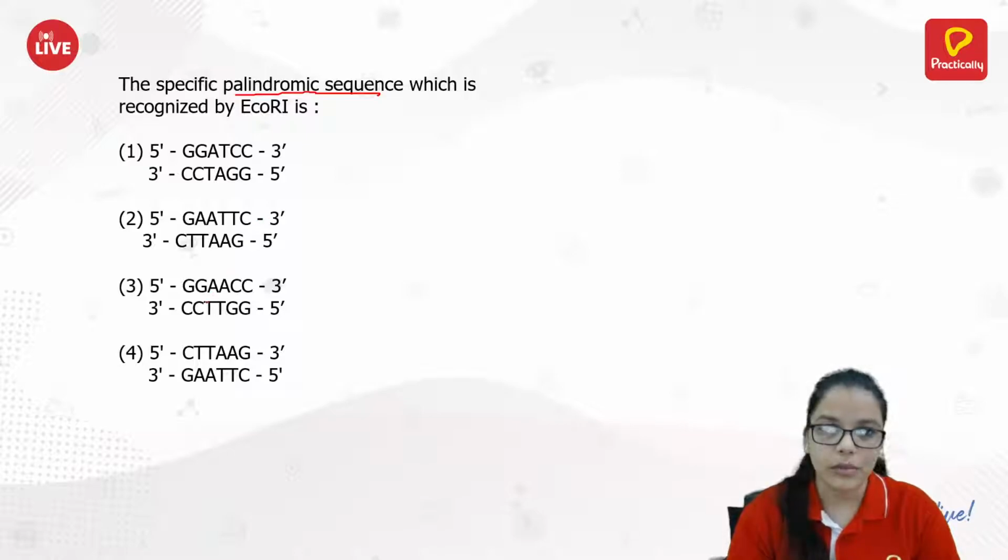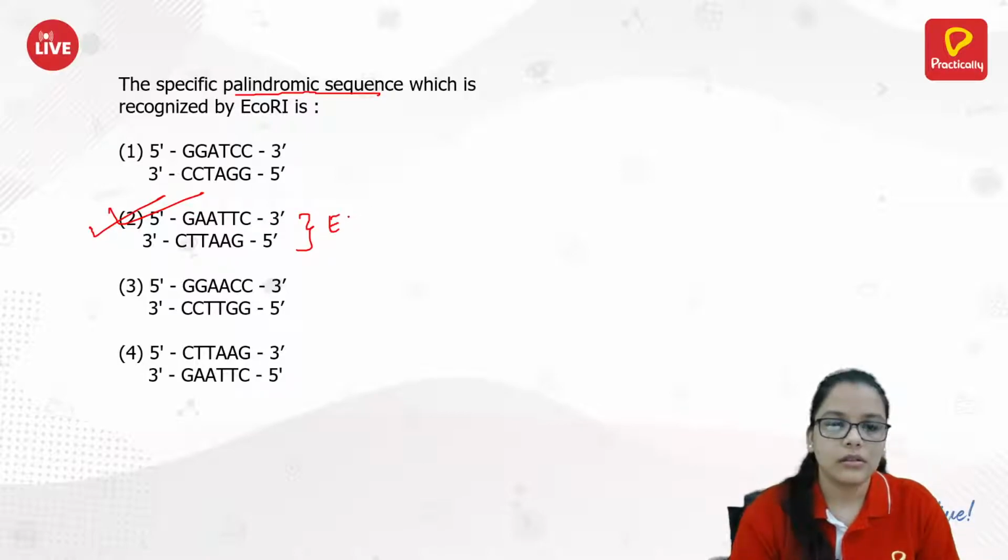This is also palindromic. This is not palindromic. Even this is not palindromic. Okay. The answer is answer 2, GAATTC. This is the answer where EcoR1 is recognized. Sorry, EcoR1 recognizes.